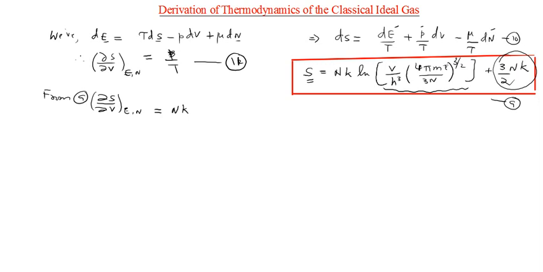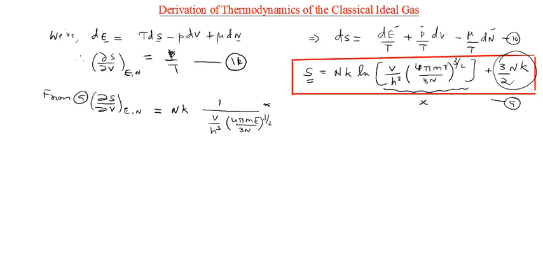Nk into 1 by that entire thing, whatever is taken as x. 1 by V by h cubed, into (4πmE by 3N) whole raised to 3 by 2. By the function rule we are taking 1 by x into the derivative of this quantity with respect to V, so that V will be gone.